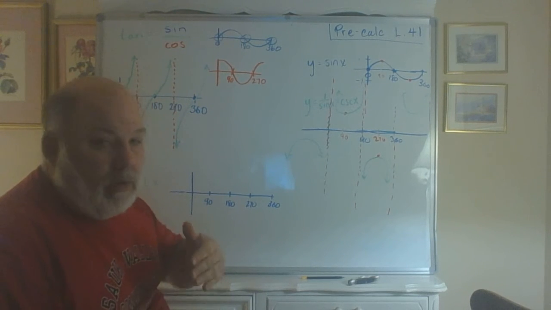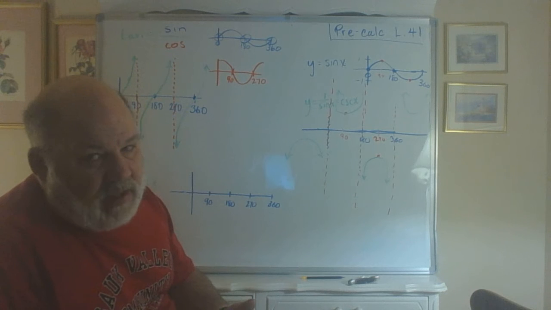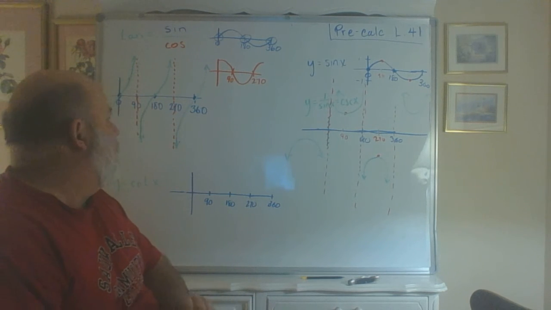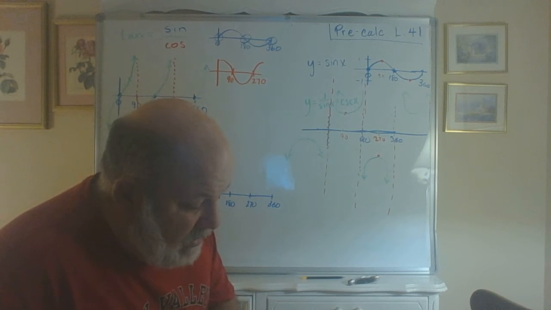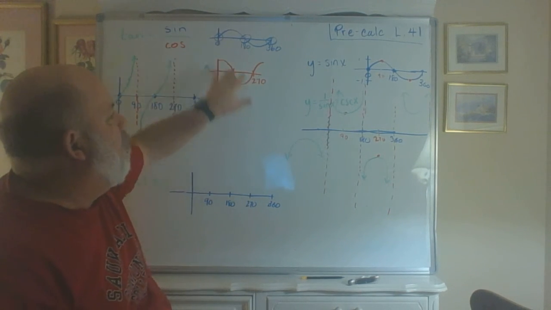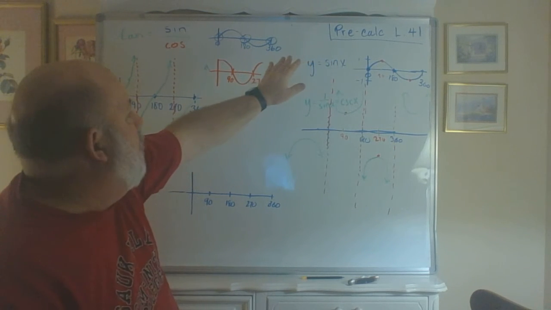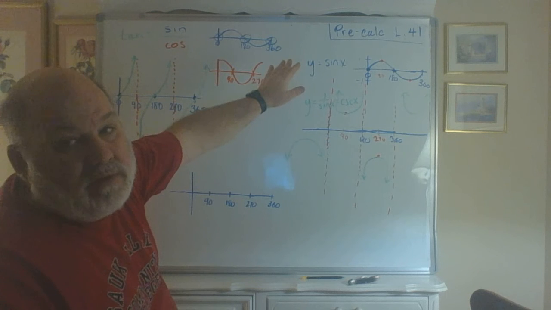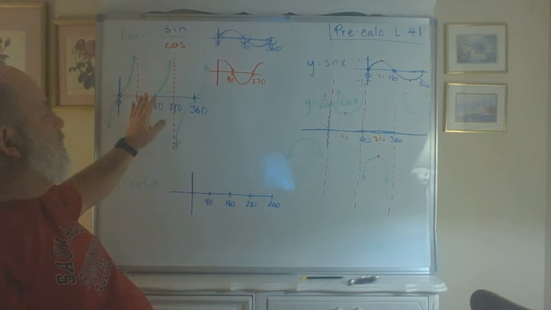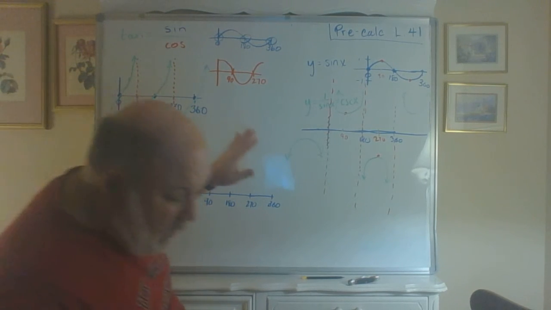41.2 says to graph a secant function and a cotangent function. We're not going to fool with the secant function. Just like a cosine wave is just a sine wave moved over 90 degrees, a secant function, make sure I get that right.